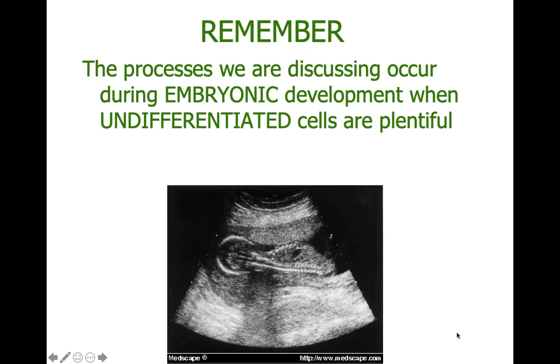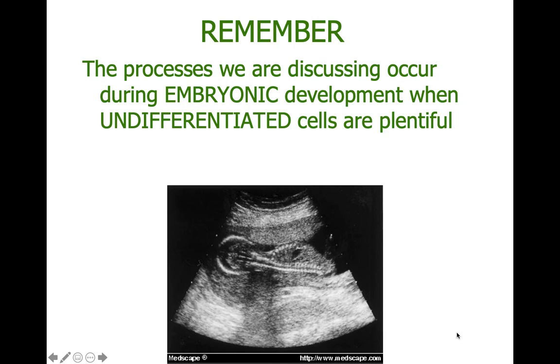Something important to remember is the processes we are discussing occur during embryonic development in utero, before you're born, where undifferentiated cells are plentiful. There's lots and lots of cells who have not been given a specific job or task yet. That means they have the ability to change their plan, kind of like a freshman in college who's not really sure about their major, right?